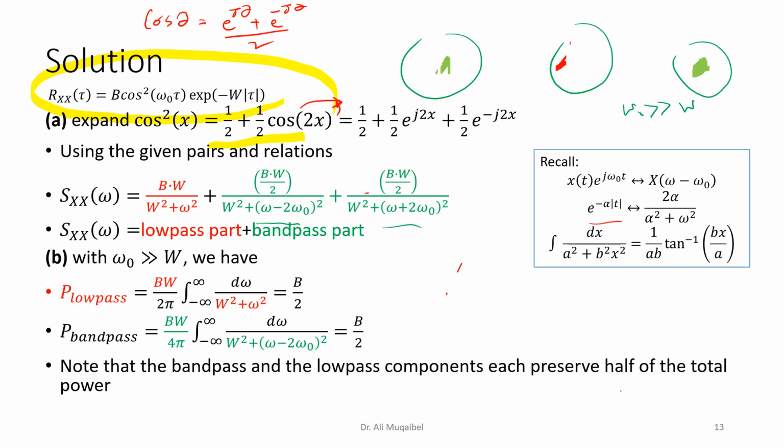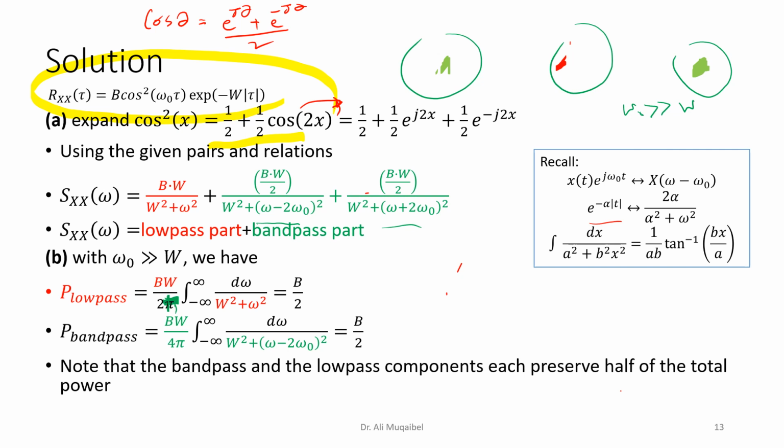For the second part, the band pass, again we integrate over all possible frequencies, and then we have the following expression. Okay, so now the answer to this is B over 2.